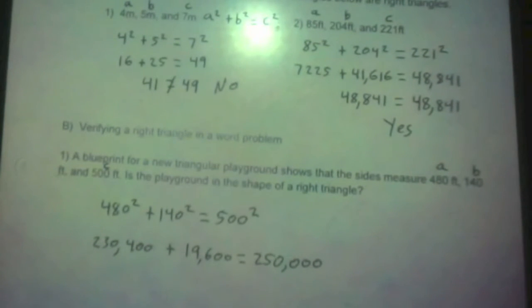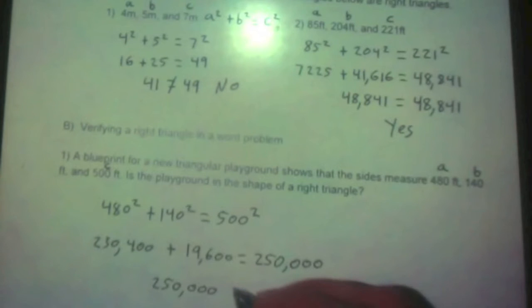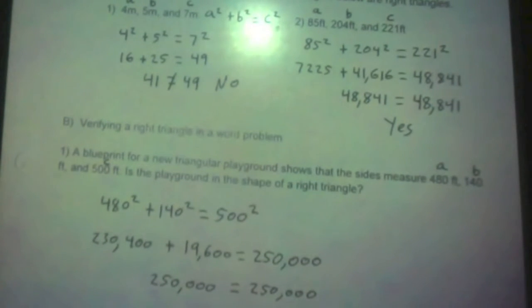So if we add these two together, we do actually get 250,000, which is equal to 250,000. So this playground is actually going to be a right triangle. All right, so this is another genuine right triangle, no posers here.